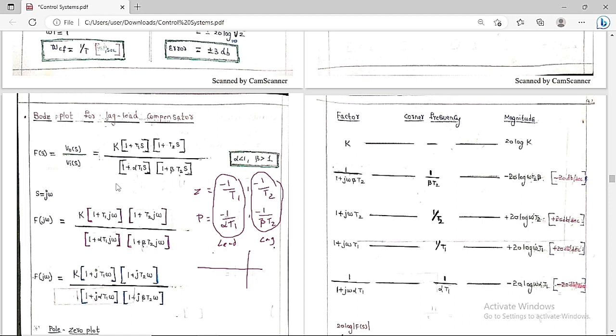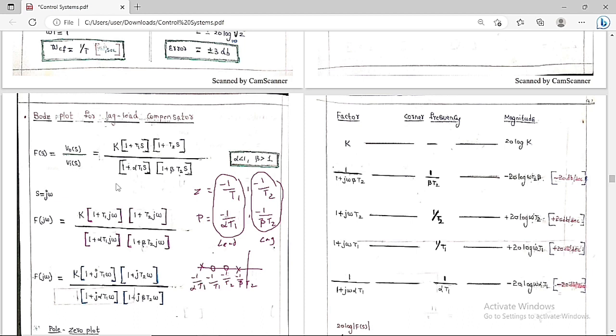In the case of the lag compensator, the pole is nearer to the origin when compared to the zero. Similarly, in the case of the lead compensator, the zero is closer to the origin when compared to the pole. So this is minus 1 by beta T2, this is minus 1 by T2, this is minus 1 by T1, and this is minus 1 by alpha T1.